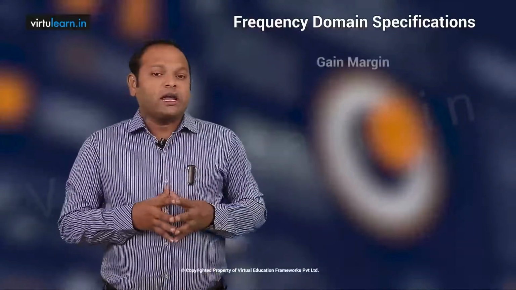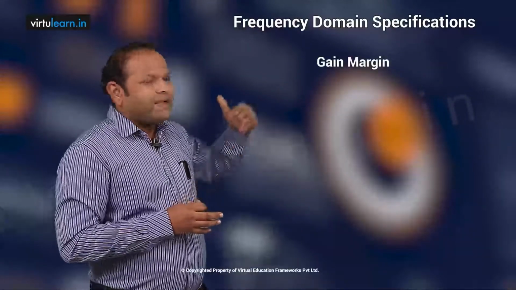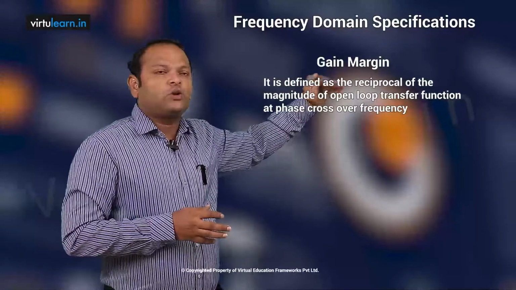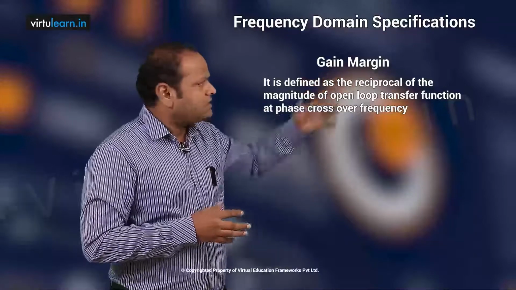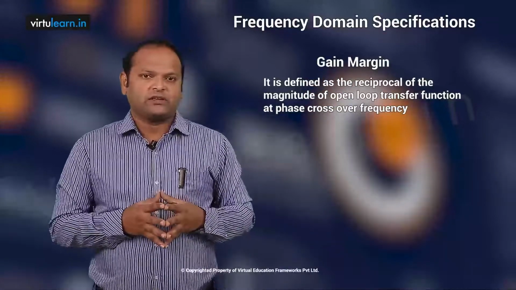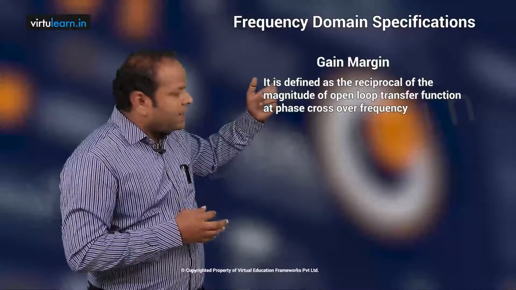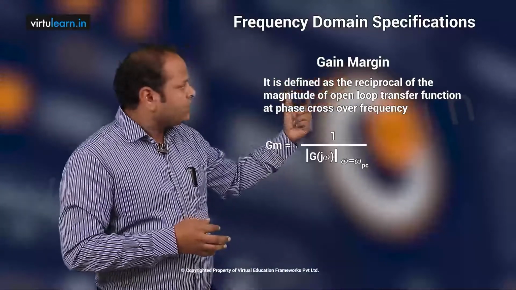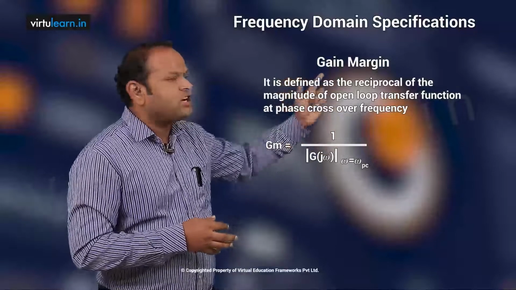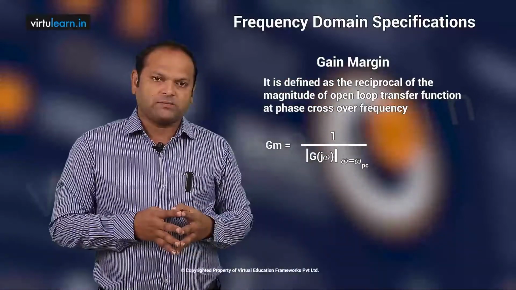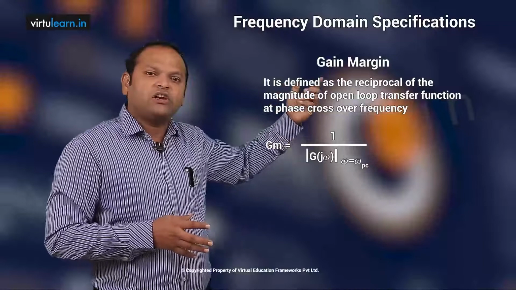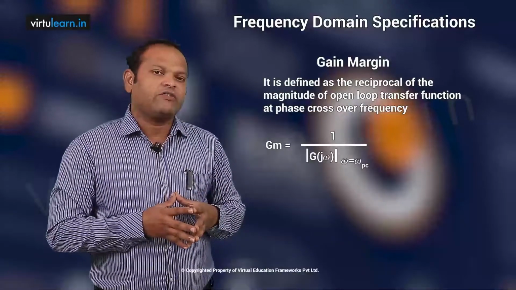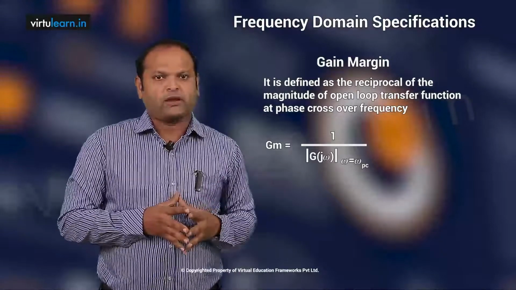Now we have the gain margin. It is defined as the reciprocal of the magnitude of G(jω) at the phase crossover frequency. Gain margin, let us say GM, is equal to 1 over the magnitude of G(jω_pc). G(jω) is the sinusoidal transfer function, where we substitute s equal to jω.